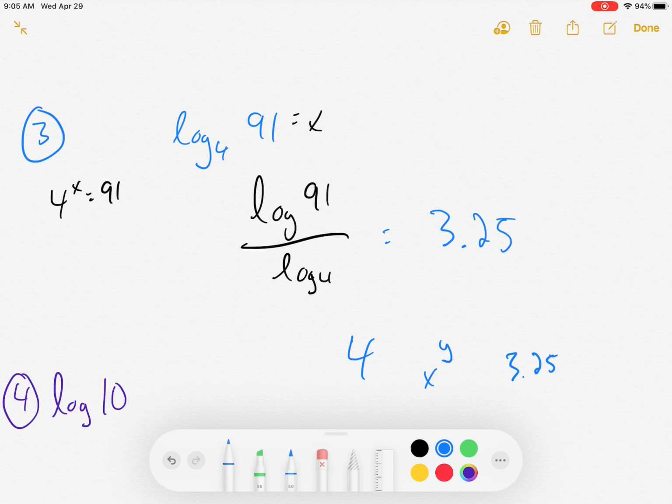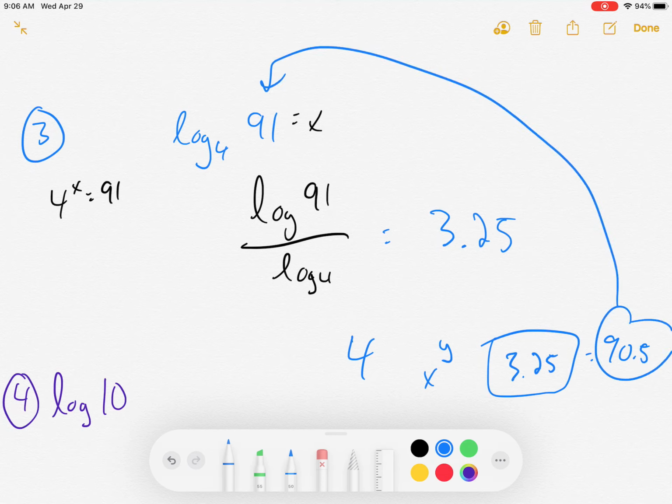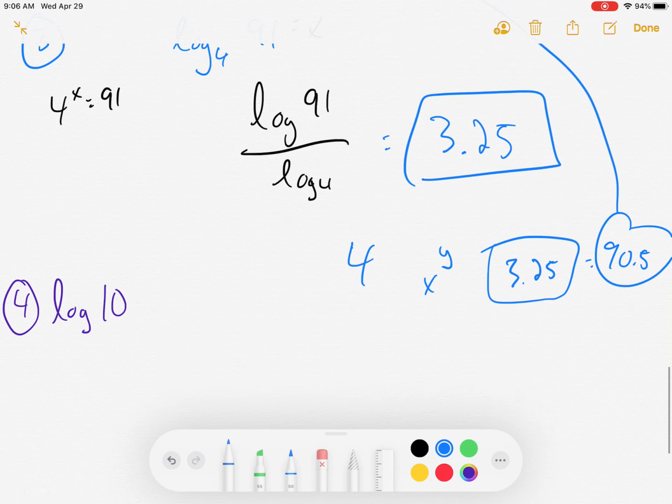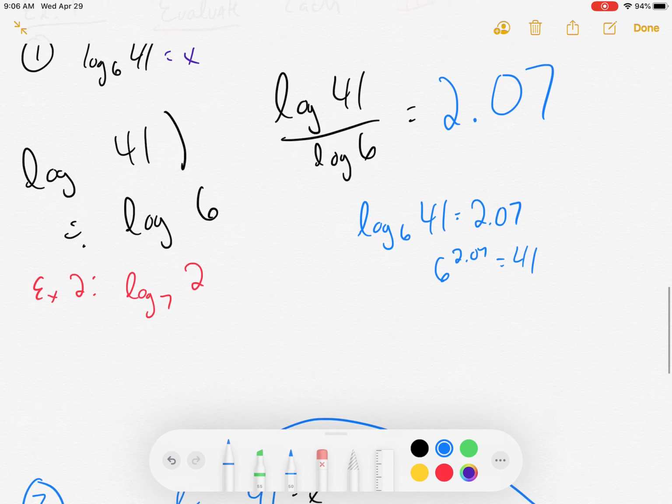You can type in 3.25 into the little box that shows up on the calculator. And you should get, let me see again, 90.25. We get 90.5 when we do this. So how come this number doesn't equal this? Well, it's really, really close, and we rounded 3.25. If we put in the actual value, we would get the answer. But for now, just round it to 2 decimals. That works for me.